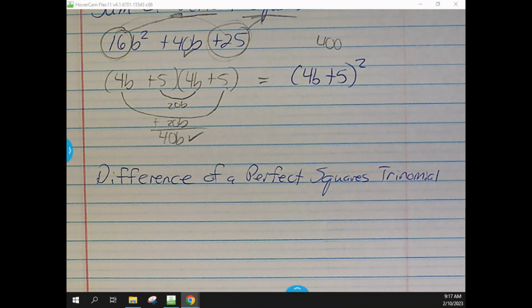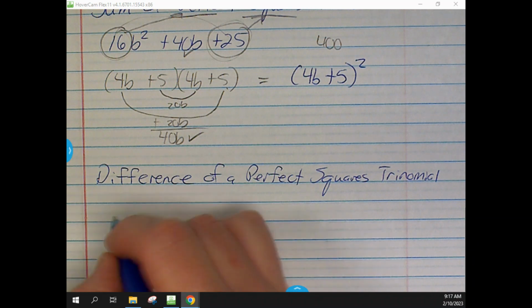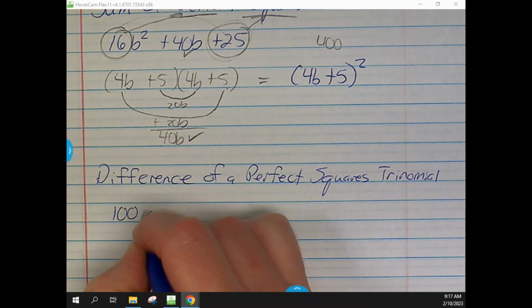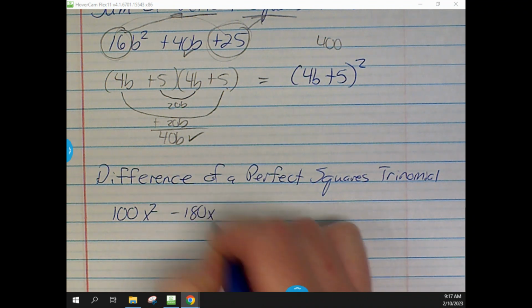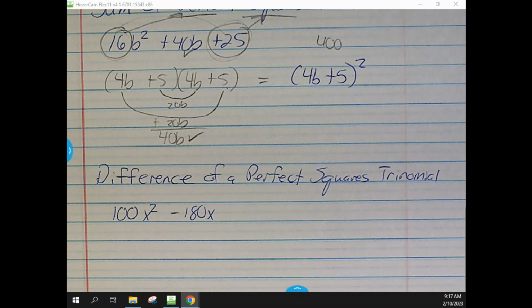Again, if it's a perfect square number, the way they set this thing up, it's still going to be that the first number's the same, the second number's the same. The big difference for this one is that, let's do it this way. Let's do 100x squared minus 180x plus 81.